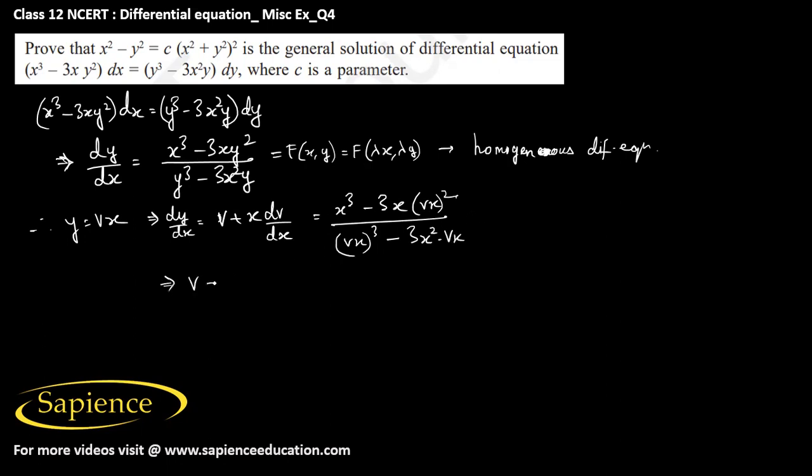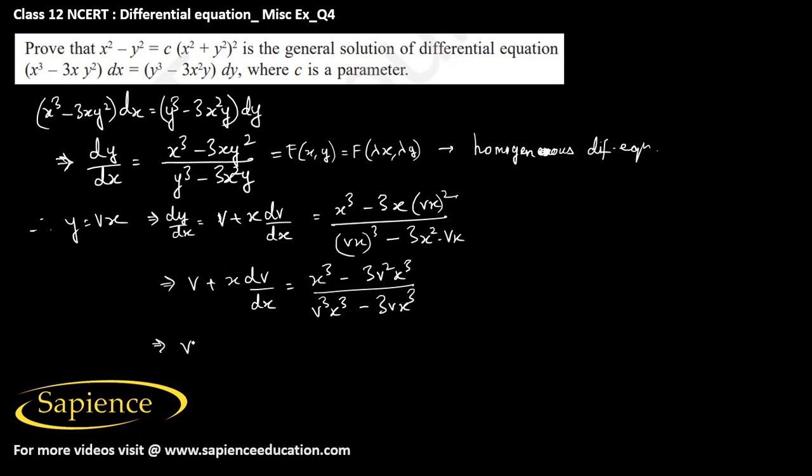So this will be v plus x dv/dx equal to (x³ − 3v²x³) divided by (v³x³ − 3vx³). Okay.